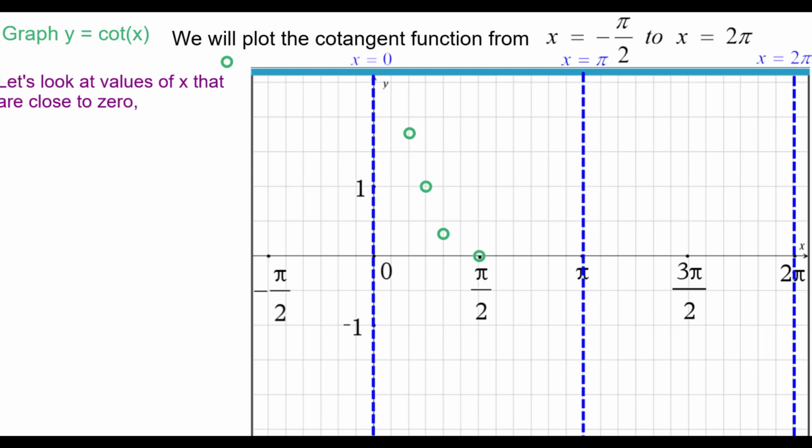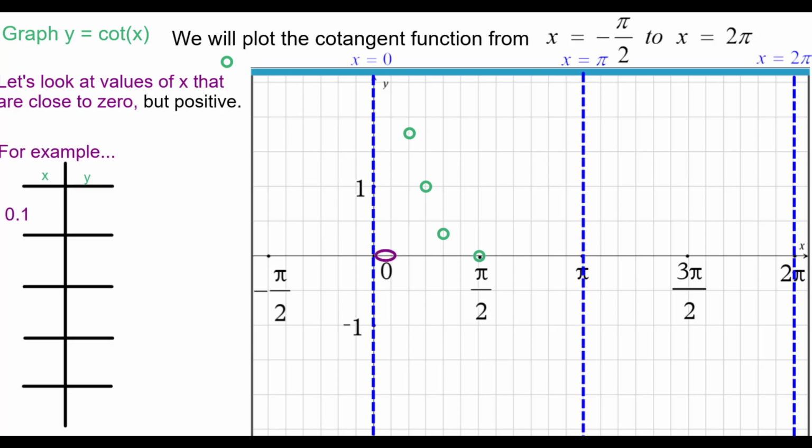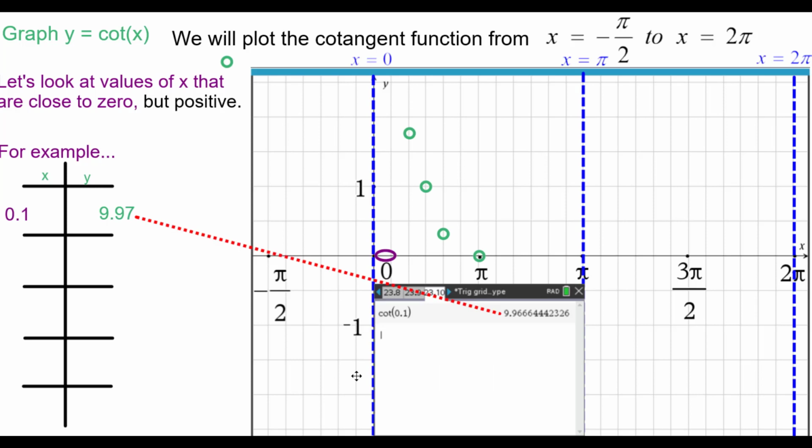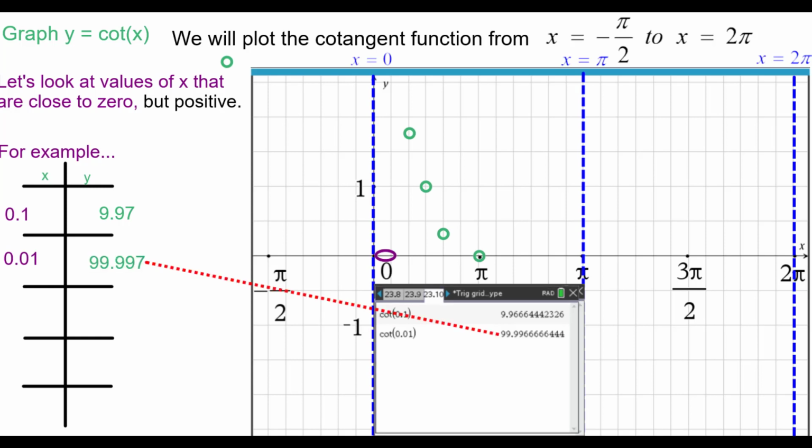Let's look at values of x that are close to 0, but positive. We'll talk about numbers right here, to see what's going on with the cotangent function. For example, if x were 1/10, which is close to 0, but to the right of 0, we use a calculator here, and the cotangent of 1/10 radian is about 9.97. We'll get a little closer, like maybe 1/100. And the cotangent of that is 99.997 approximately.